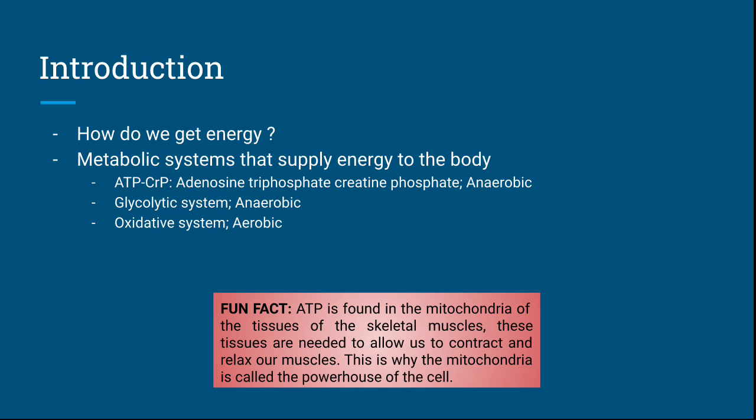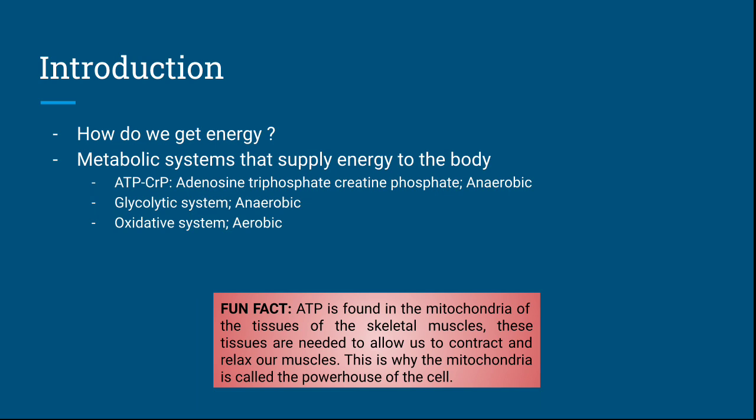The human body is supplied with energy through our energy metabolism systems. There are a few types of metabolic systems that supply energy to the body. Some of these are the ATP-CRP, adenosine triphosphate and creatine phosphate, and the glycolytic system. Both of these are anaerobic, which means they are independent of oxygen, so they can function without oxygen.